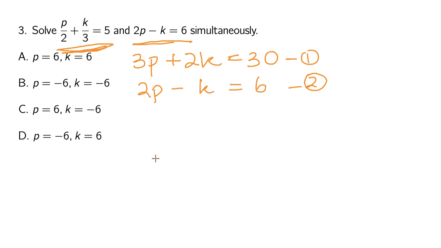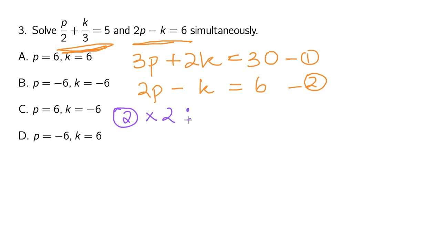What do we want to do now? One thing we can do is to eliminate one of the variables. So in this case, it looks like it'll be a little easy to eliminate k. We do that by first multiplying through equation 2. We multiply equation 2 by 2, and then what do we get? So let me write down what we get. Equation 2 times 2.